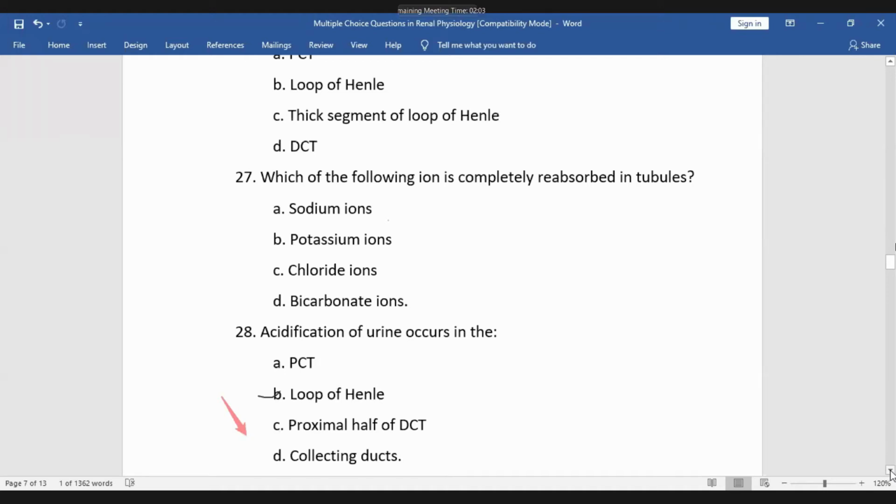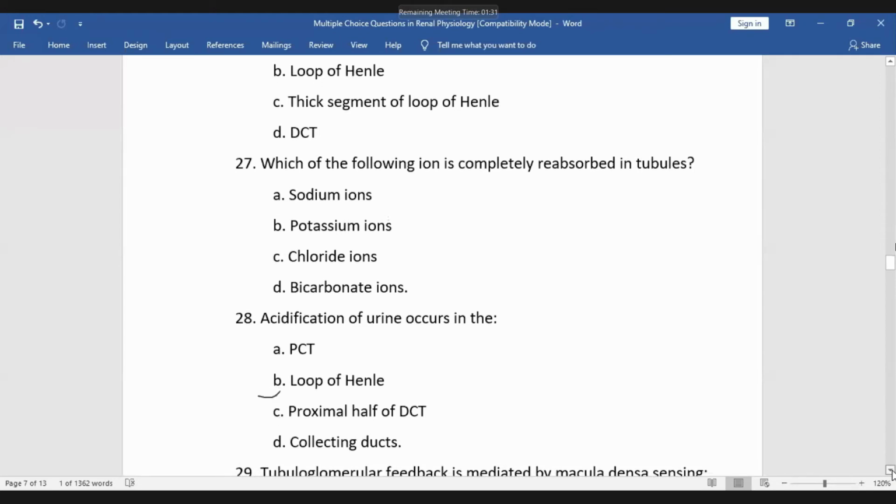The later half, the distal half, can be correct, but the collecting duct is the correct answer for acidification of urine, where sodium is reabsorbed and hydrogen is removed. Try to remember, the later half of the DCT and collecting ducts. It is the aldosterone which is working. Aldosterone would cause reabsorption of the sodium and removal of the hydrogen ion. And hydrogen comes into the lumen and acidifies the urine.